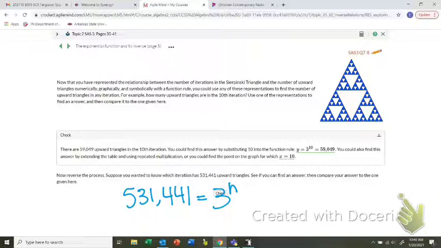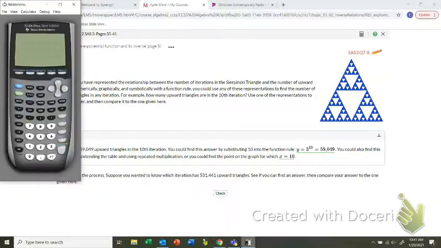So, what I want you to do if you have your own calculator, you can do it this way. Go up to your y equals, type in 3 to the x. Remember that variable can be anything. Okay? That's our function rule. Hit second graph, and it brings up the table.